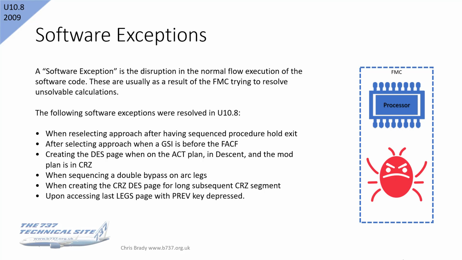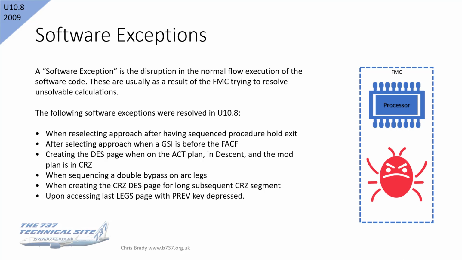In plain English, a software exception is when the FMC is trying to resolve an unsolvable calculation. If you're interested, Google the phrase unsolvable calculation, and it'll probably take you to a Wikipedia page which lists these. These are things that mathematicians love to find and try and solve.